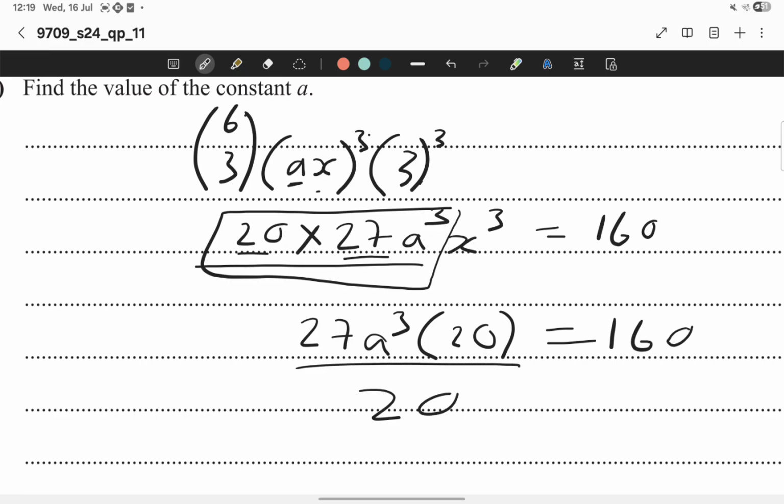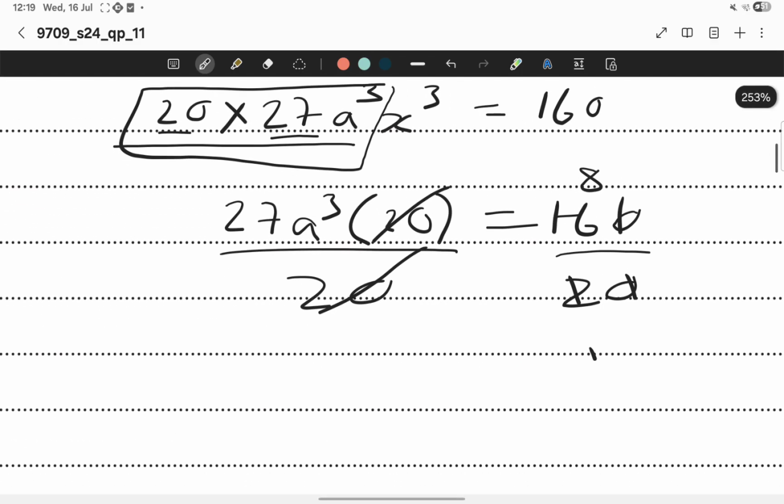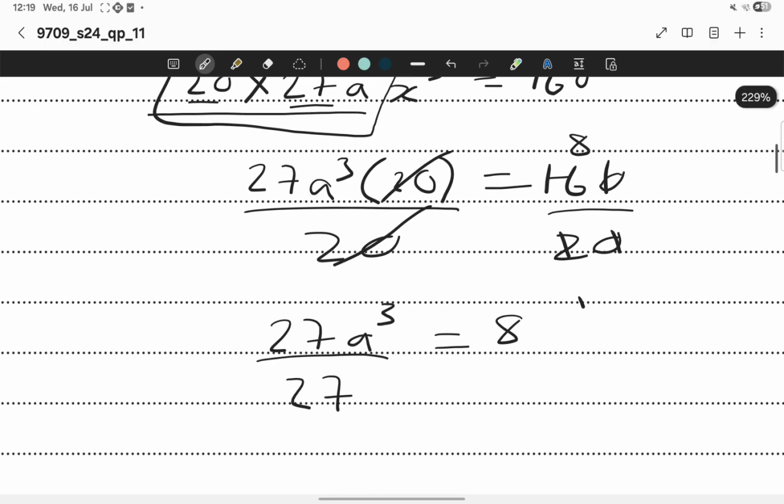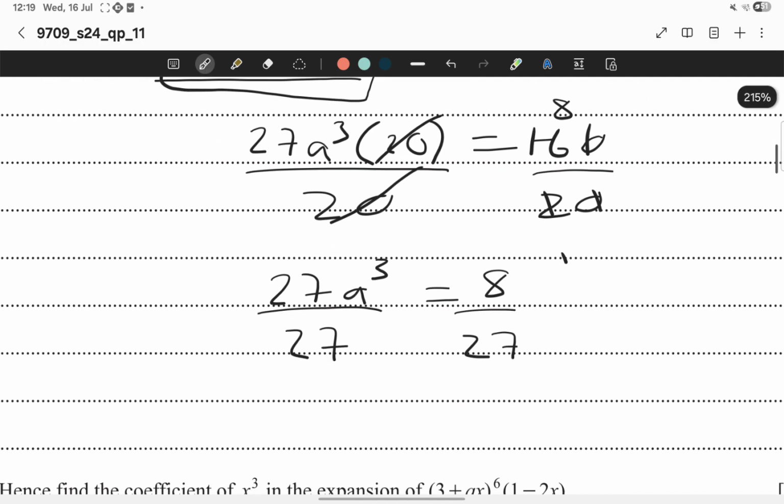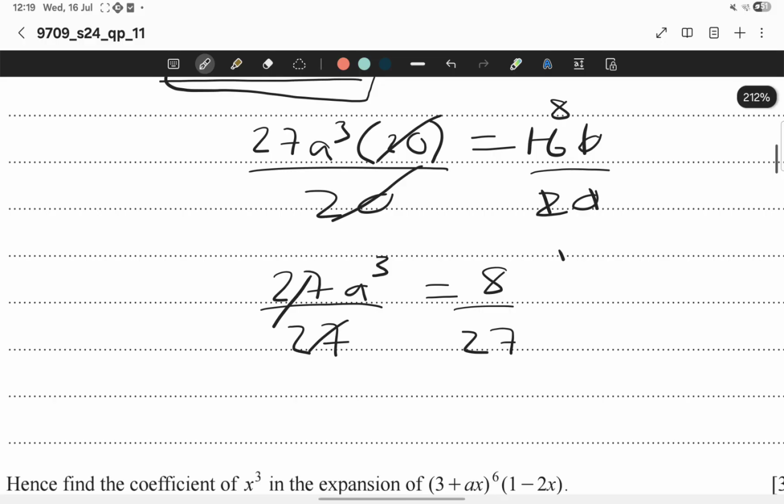If we divide both sides by 20, we will get 8. So 27 a to the power 3 is equal to 8. Then we divide both sides by 27, then a to the power 3 is equal to 8 over 27.